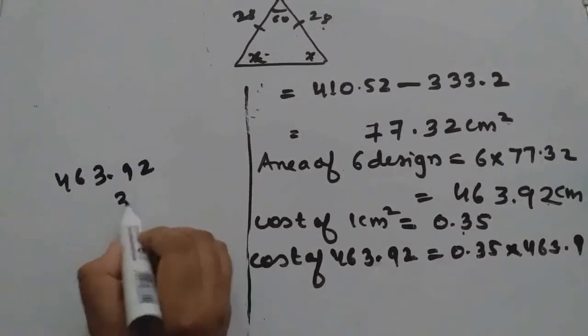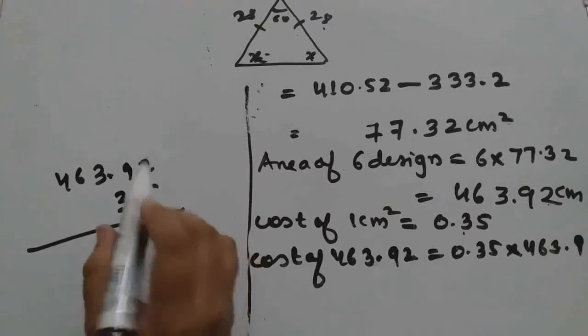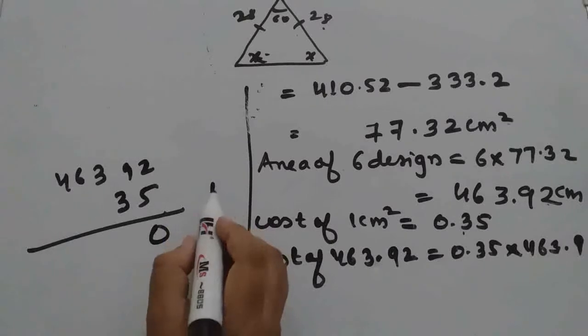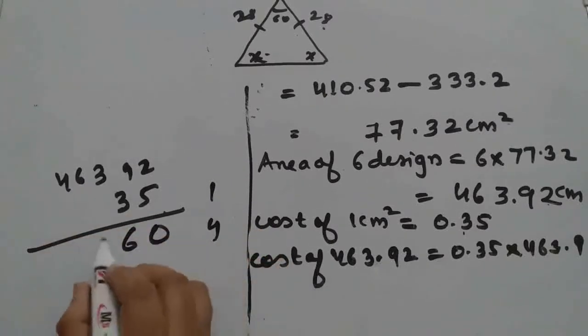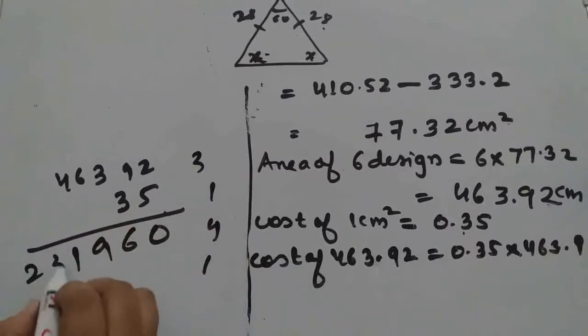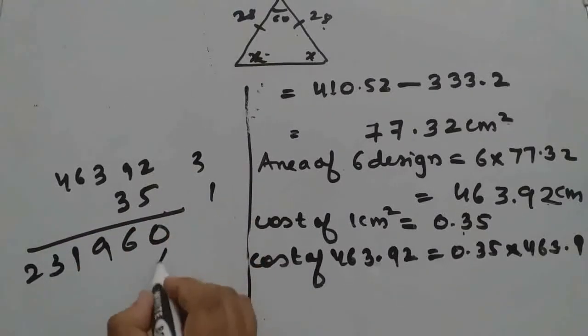463.92, we can multiply without decimal first. Okay, then from 3 we can multiply.